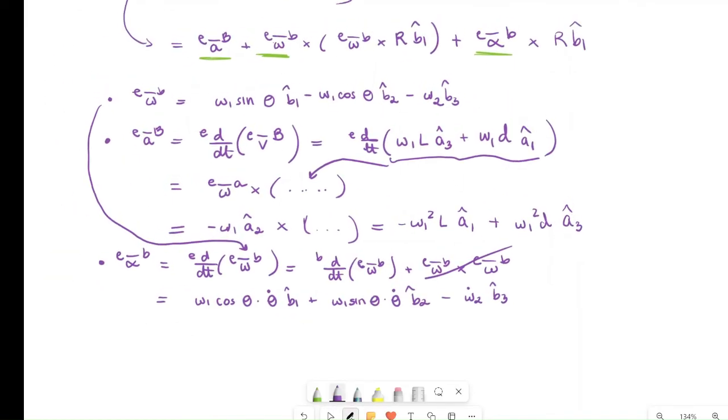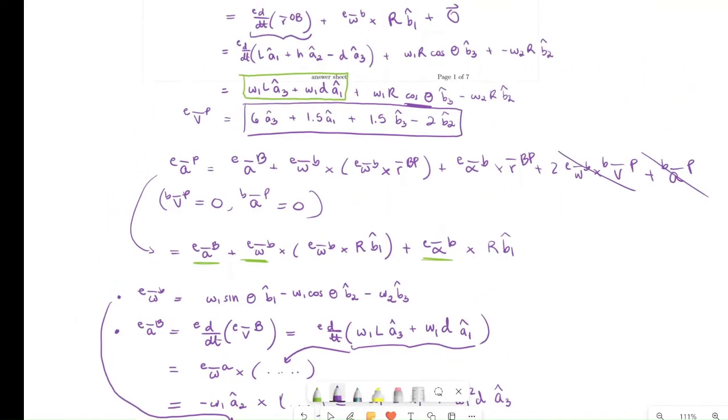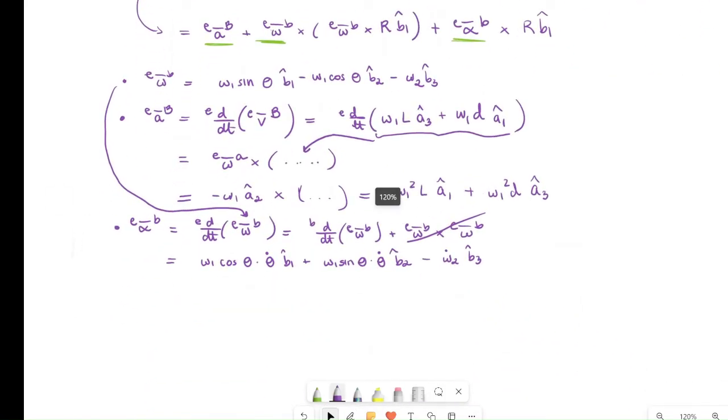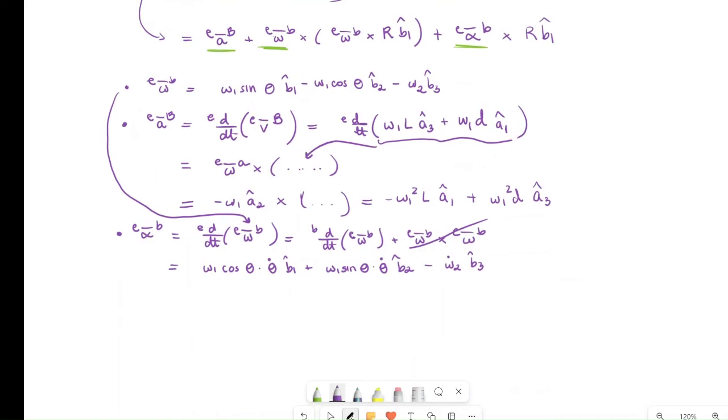Okay. Great. That will give us, so theta dot, remember, is equal to omega 2 because that's the rate of change of the angle that the frame is rotating through. So we have omega 1 omega 2 cosine theta B1 hat plus omega 1 omega 2 sine theta B2 hat minus omega 2 dot B3 hat.